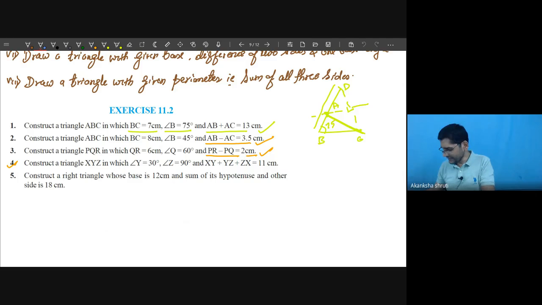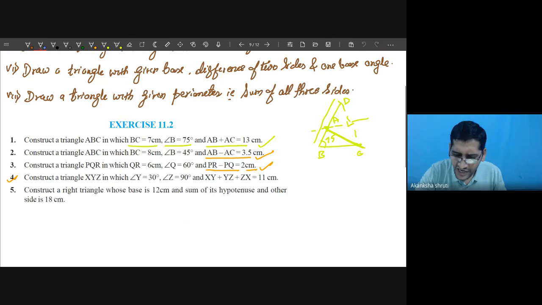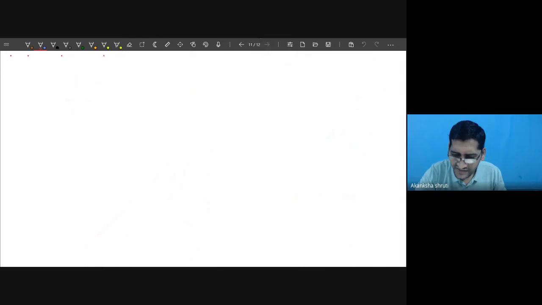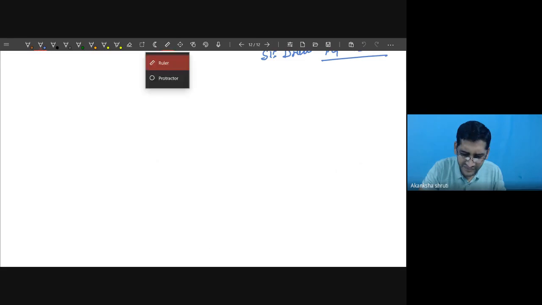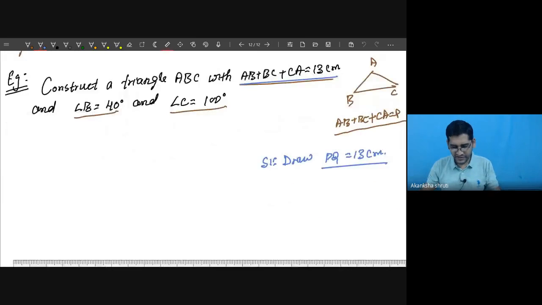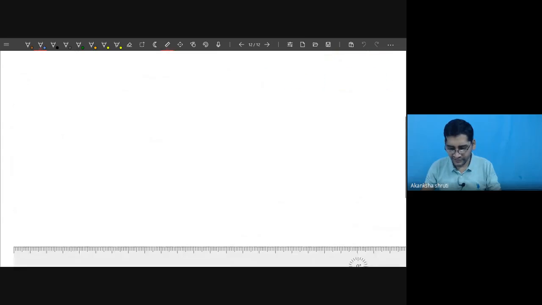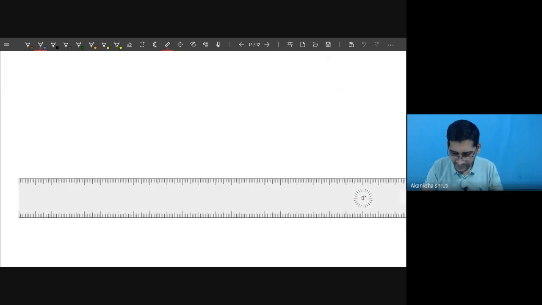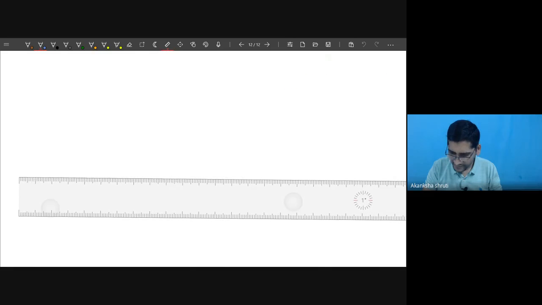So very first we will take the sum of the three sides, that much length we shall take. Take the scale. Be careful. So let us take the 13 centimeter. I am drawing the 13 centimeter here.